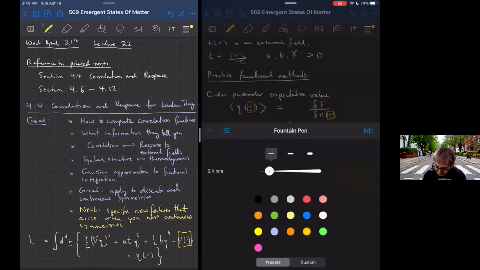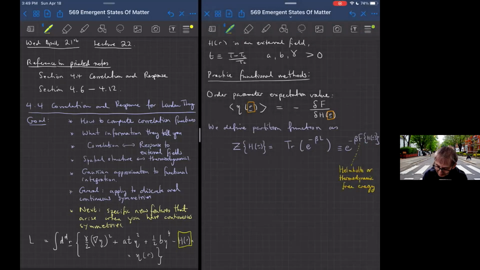And then the thing that comes in here, this is the Landau or coarse-grained free energy.